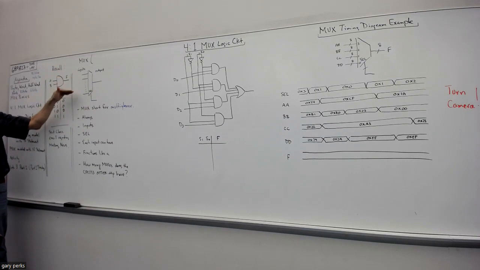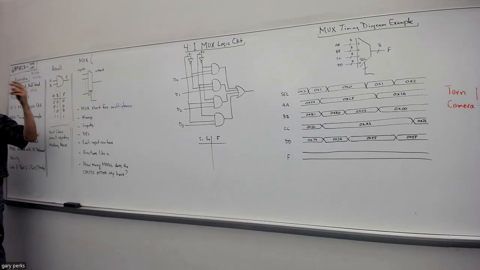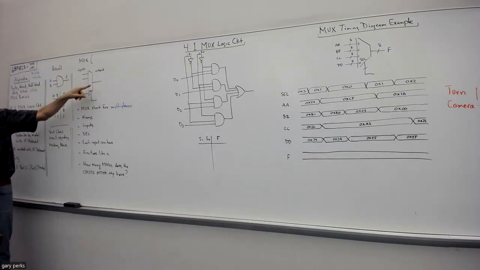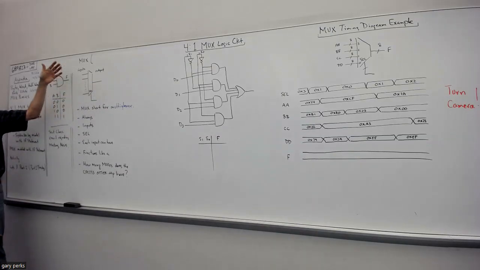The number of inputs that you have to a MUX is always a power of 2. So 2, 4, 8, 16, 32, and so on. But a MUX always has just 1 output. So there's multiple inputs, but just 1 output.